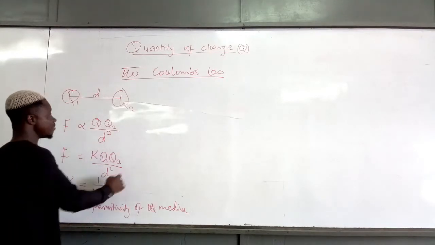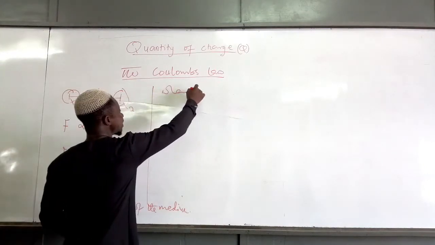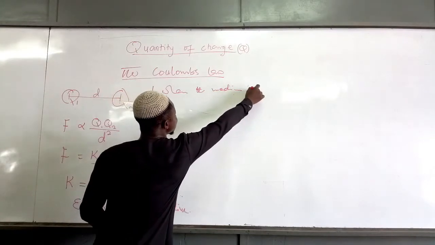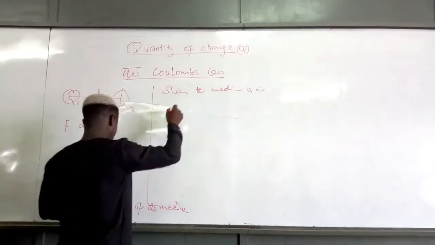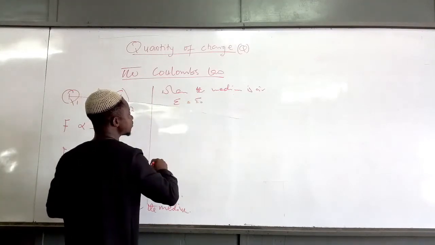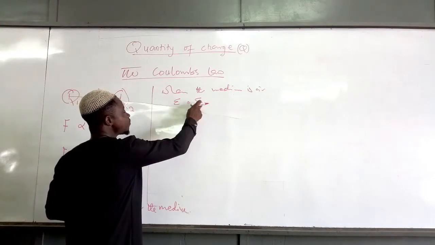Good. So when the medium between the two charges is air, the permittivity is given by epsilon naught, the permittivity of free space.